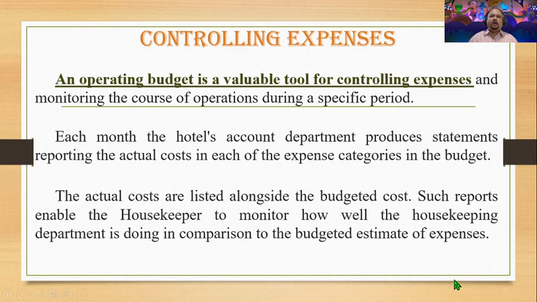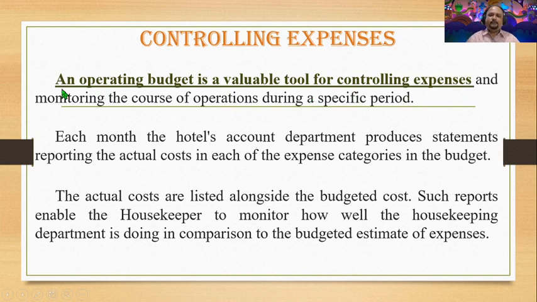Now we will try to understand how to control the expenses in the housekeeping department. Any operating budget which is existing in the hotel actually acts as a tool for controlling expenses. And here you can see in this slide it is mentioning an operating budget is a valuable tool for controlling expenses.